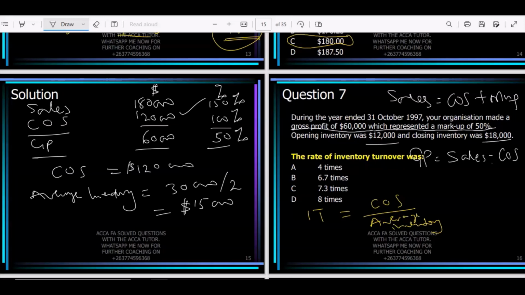So therefore, to calculate the inventory turnover, we say that it is the cost of sales divided by the average inventory in the period. The cost of sales was 120,000 divided by the average of 15,000, and we get 8 times. So this is how easier it was. The answer is D. Thank you very much. Let's go to the next question.